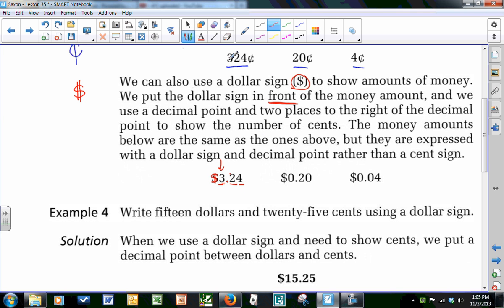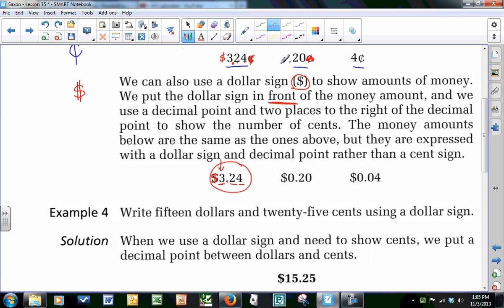So if we have 324 cents, we could get rid of the cent sign and count 1, 2, and then put the decimal and the dollar sign in front, and we could change 324 cents to $3.24. You can do the same for 20 cents. You would just get rid of your cent sign, count 1, 2, and put a decimal.